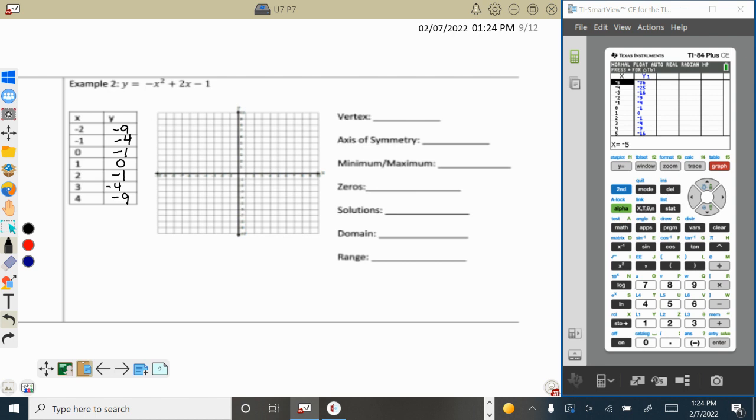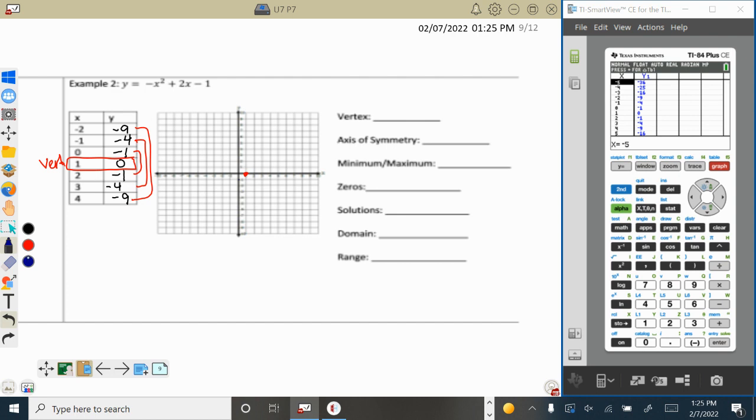Again, if we look at where our symmetry is, -1 and -1, -4, -4, -9, -9. So this 1, 0 point is our vertex. That's where we're going to start our parabola, 1, 0. And then we could graph the other points around it.